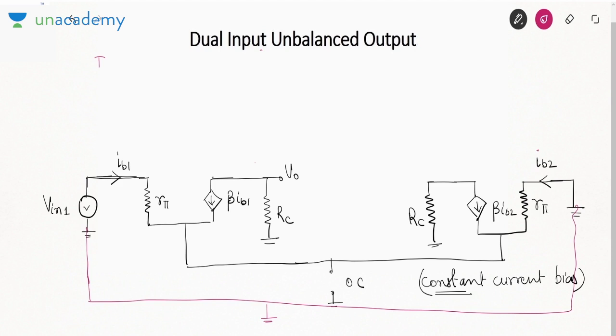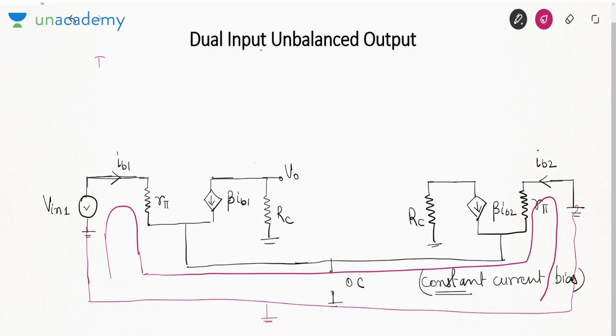That means if you apply KVL like this in this loop, what you will say? This is plus minus, this is plus minus. V in 1 minus IB1 into R pi plus IB2 into R pi equal to 0. So V in 1 equal to IB1 minus IB2 into R pi.